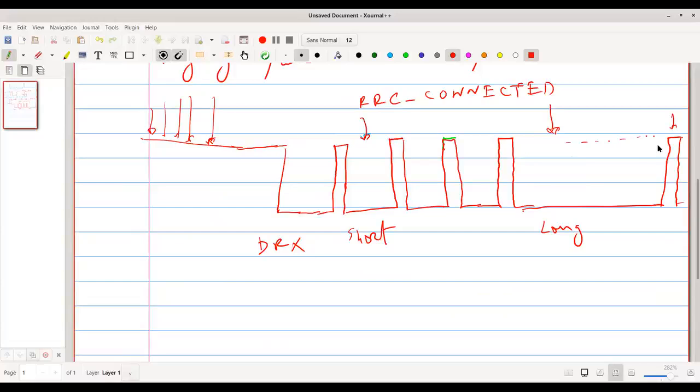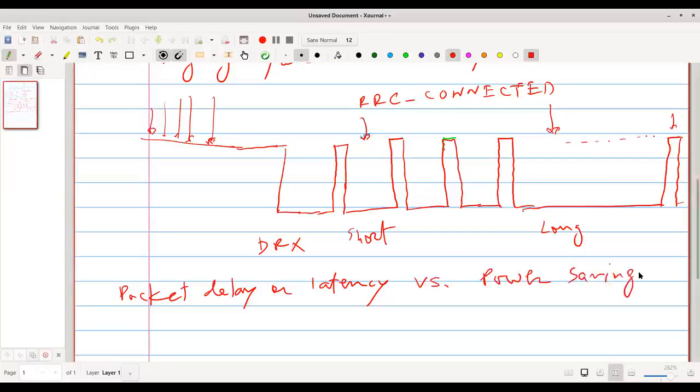In short it is also called packet delay or latency. So versus power saving, that is the trade-off here when you are in RRC connected state.